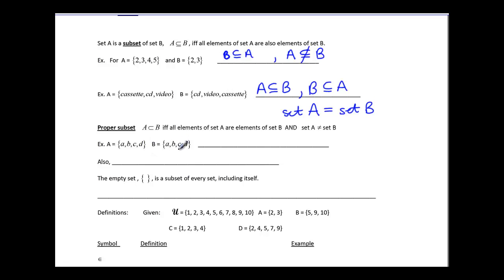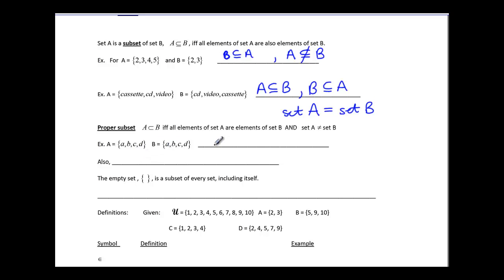Here I have set A and set B. We're looking at the definition of a proper subset this time. A is a proper subset of B if and only if all the elements of A are elements in set B, but the two sets can't be equal to each other. In this case, the two sets are equal.